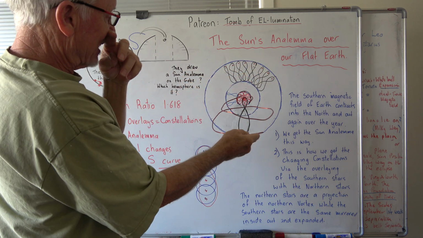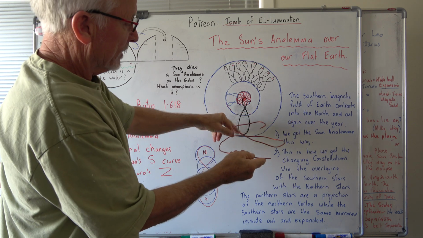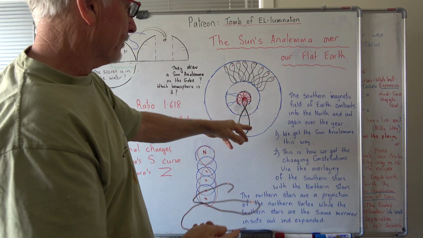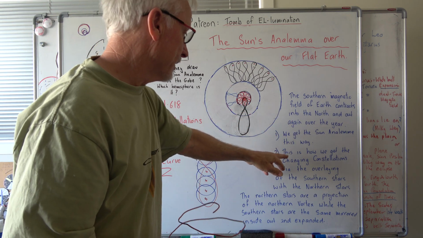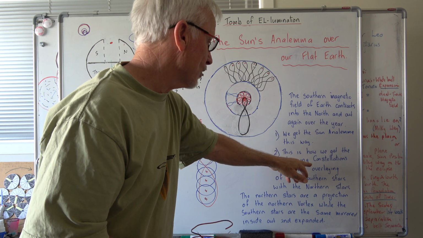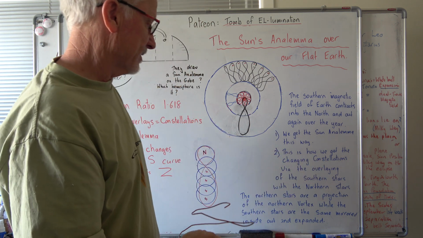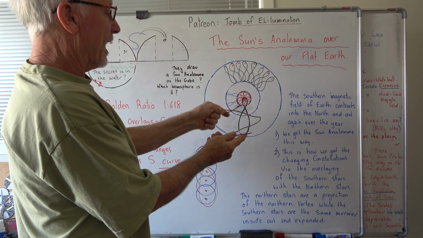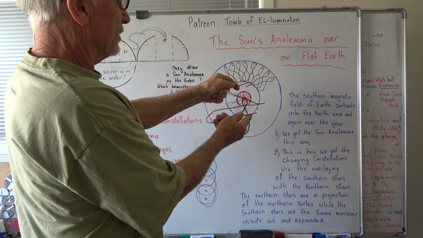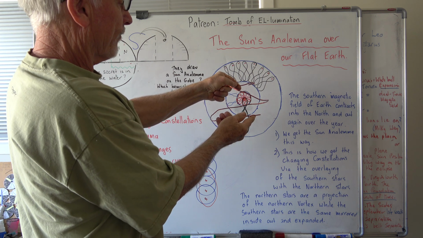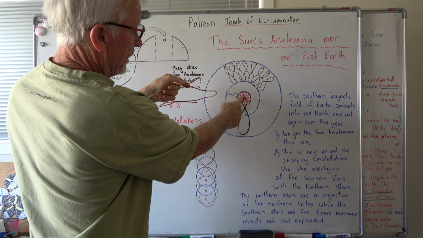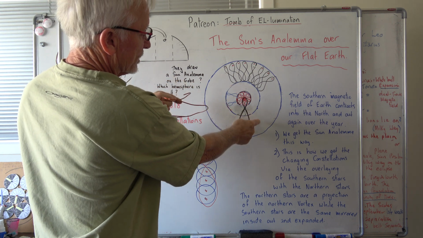So what the sun is doing over the year is expansion and contraction. You see, this is how we get the changing constellations. So you've got to imagine the stars stretched out like this in the northern hemisphere, but they're mirrored to the south.